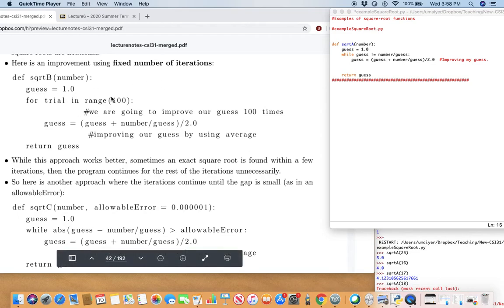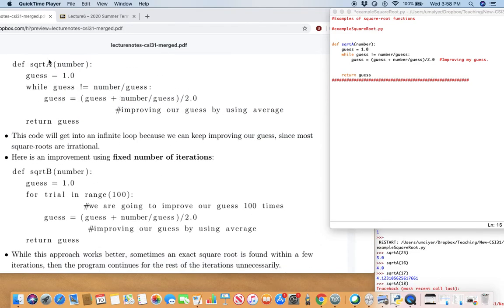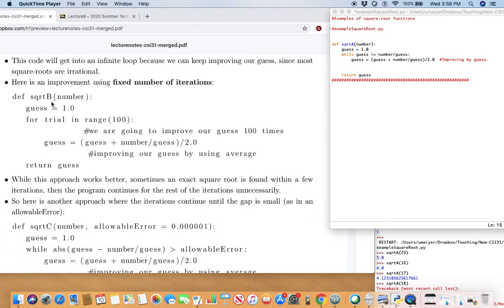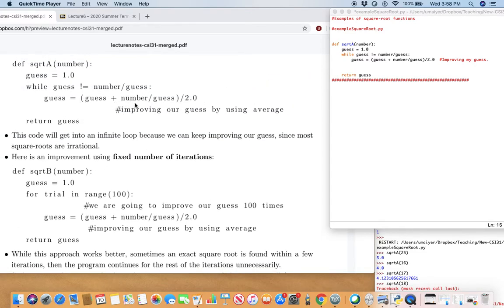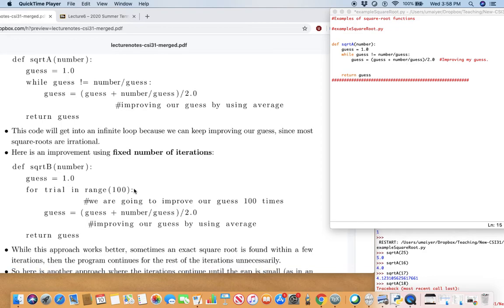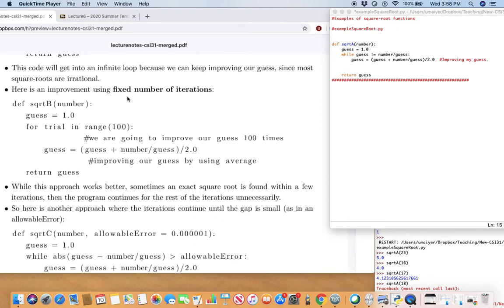Back. So now we are going to improve our first attempt at defining the square root function with a second attempt, square root b. Remember, in the first case we got into an infinite loop. So let's avoid that by saying, keep improving your guess 100 times, and that's it.